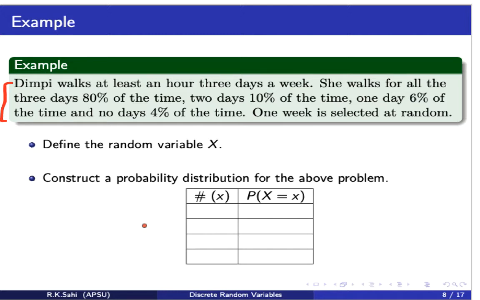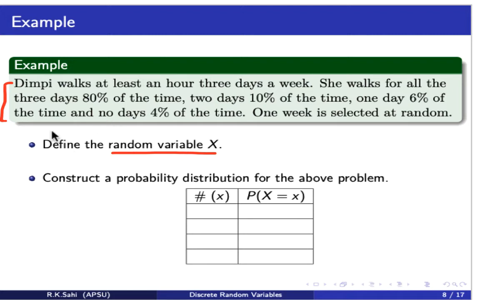So they found that 3 days she's walking 80% of the time, 2 days 10%, 1 day 6%, and so on. Now we're going to use this as a word problem and translate it into what we just learned. The first question is, define the random variable x. What is really going on over here we need to figure out. Okay, let's write this down.